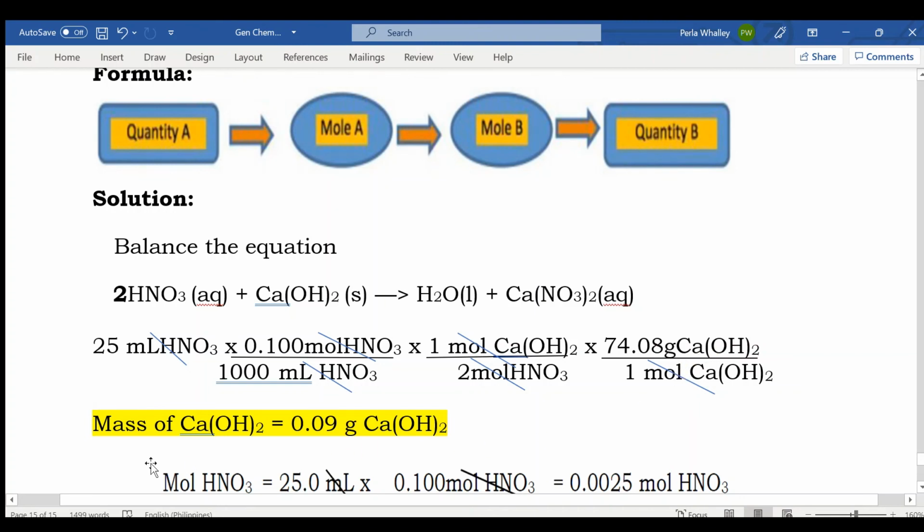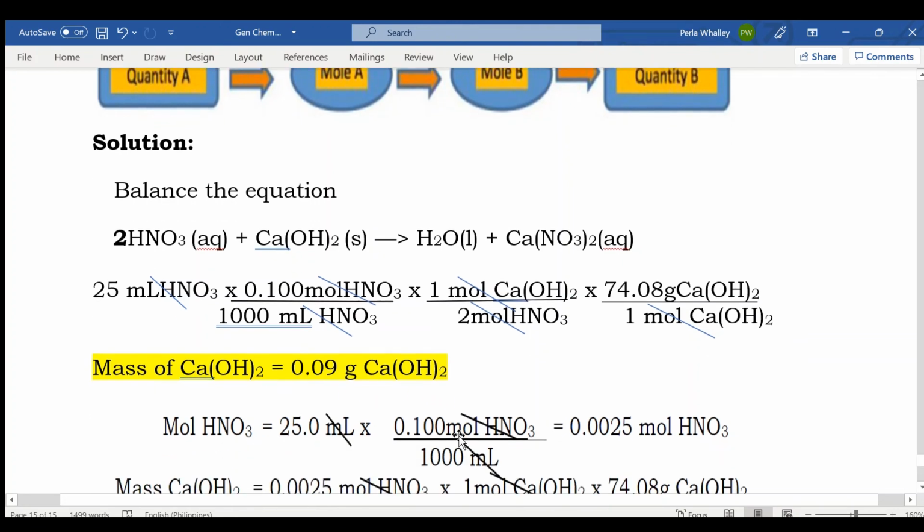Grams of calcium hydroxide is also equal to the mass of calcium hydroxide, which is equal to 0.09 grams of calcium hydroxide. Again, how do we get this 0.09 grams calcium hydroxide? 25 times 0.100 times 74.08 divided by 1000 times 2. The answer is 0.09 grams of calcium hydroxide.